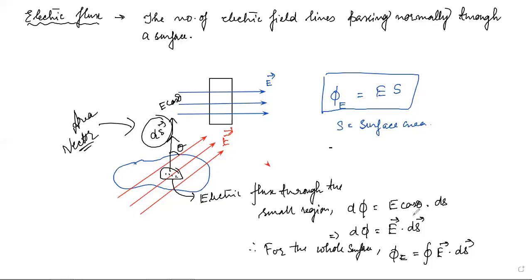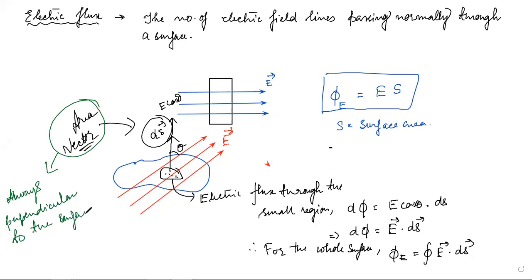One thing we have to keep in mind is that this area vector is always perpendicular to the surface. This is very important for us to understand. I hope this is clear, children.